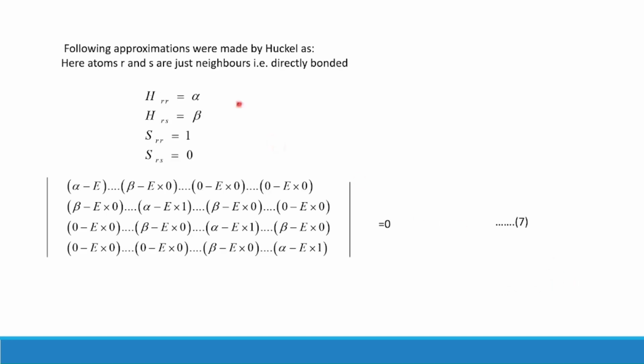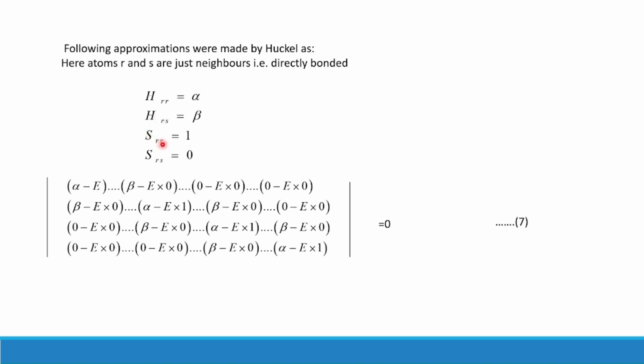Now the following approximations were made by Huckel, as we have already learned. Several integrals were given. Here atoms r and s are neighbors, meaning they are directly bonded. If r and s are the same carbon atom, we represent the integral H_rr as alpha. If they are directly bonded neighbors, like 1-2, 2-1, 3-4, 2-3, then H_rs is represented as beta.